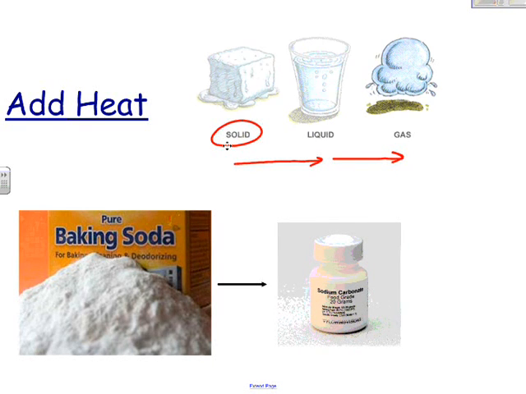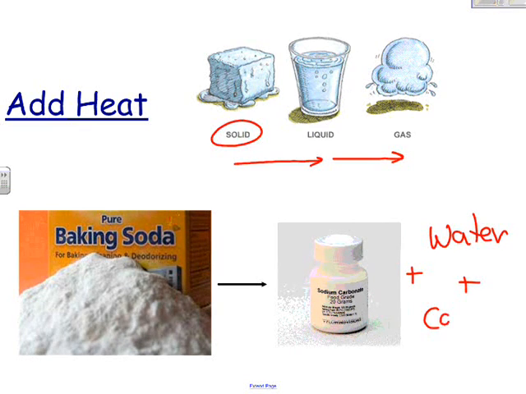On the other hand, if we take a sample of baking soda and we add heat to that, that baking soda is going to break apart into something called sodium carbonate plus water plus carbon dioxide.